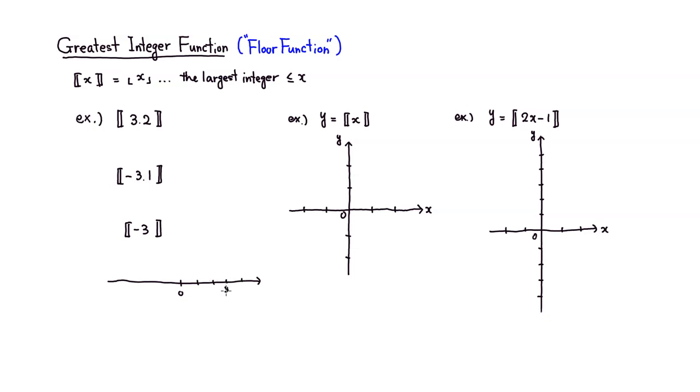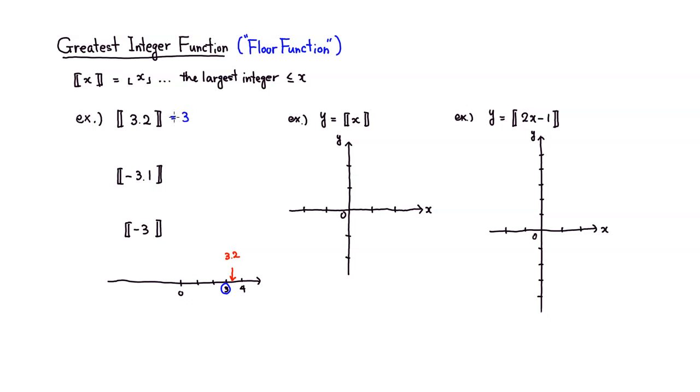So there's a 3, there's a 4, and you can see that 3.2 is sitting around here. So obviously, the largest integer less than or equal to 3.2 would be 3. So this is going to be equal to 3. It's a piece of cake.